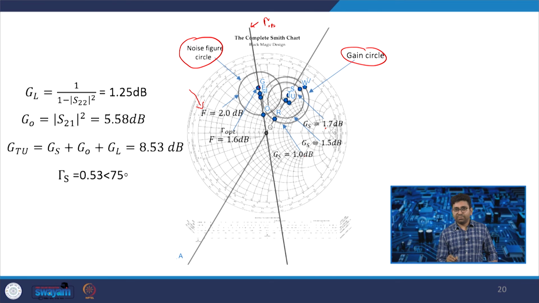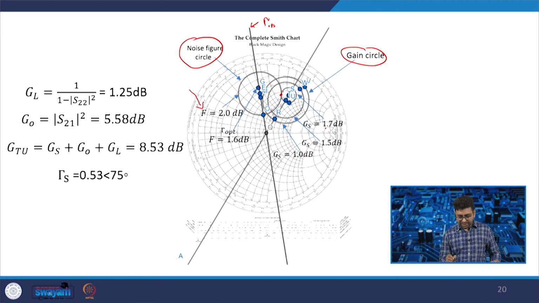That point means it should intersect asymptotically. So here at this point it is intersecting, and that point gives both values: GS, the gain at the source side, is around 1.7 dB, and the noise figure is 2 dB. So always we need to consider the circle which is asymptotically touching the other gain circles.